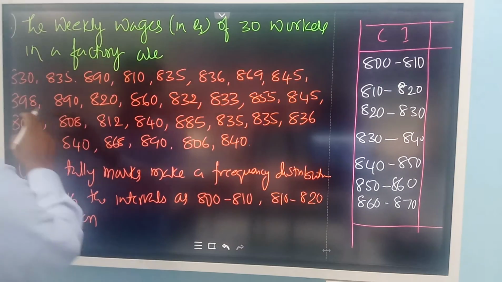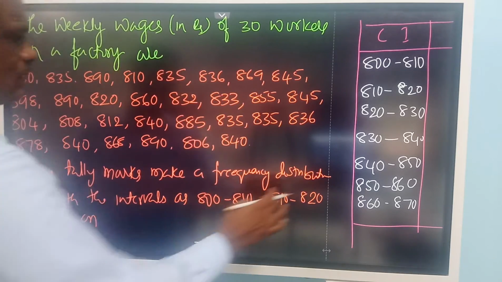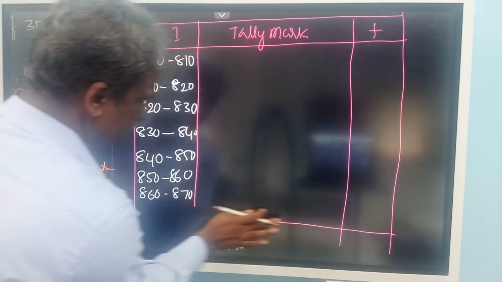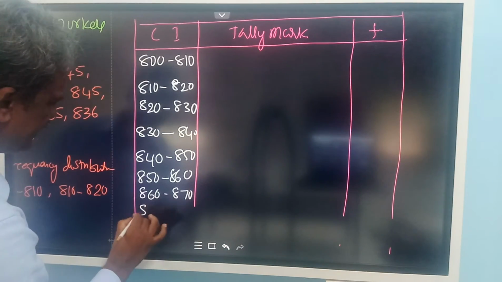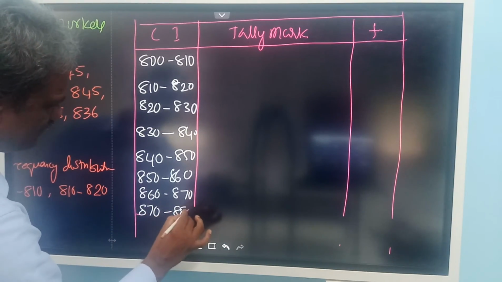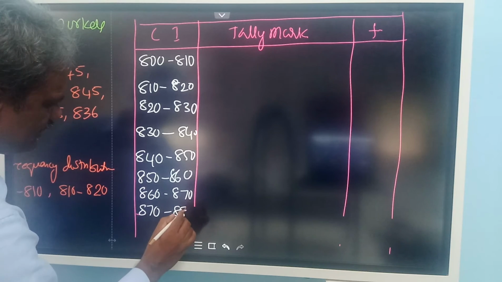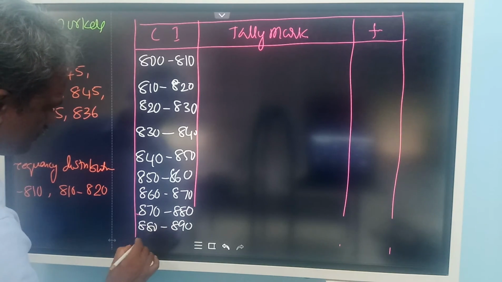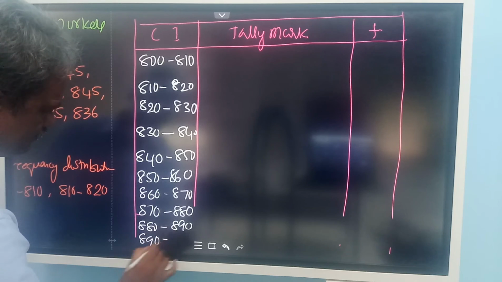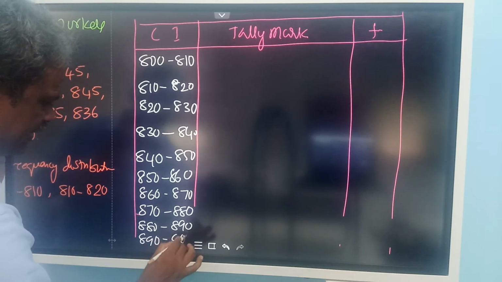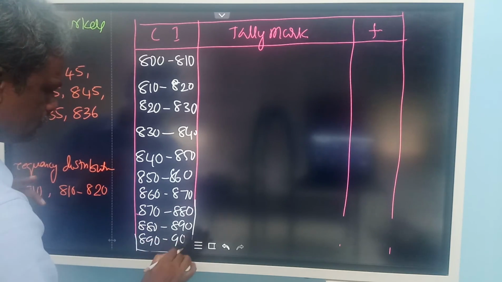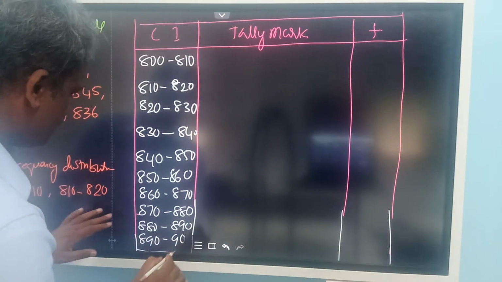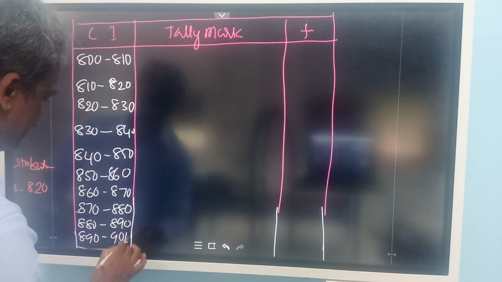The highest, 898, is also there, so we have to take a little more. So 870 to 880, 880 to 890, 890 to 900. You can write here 900.